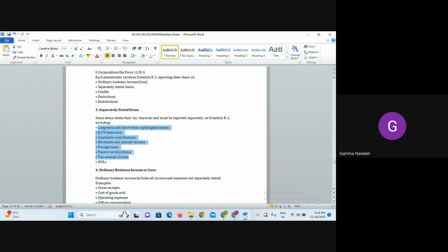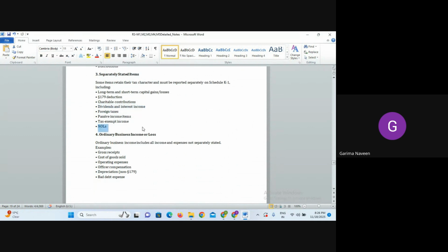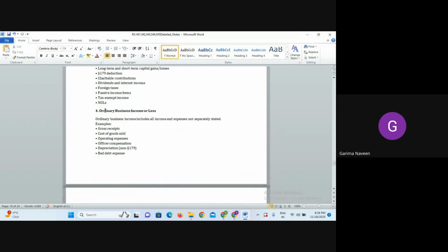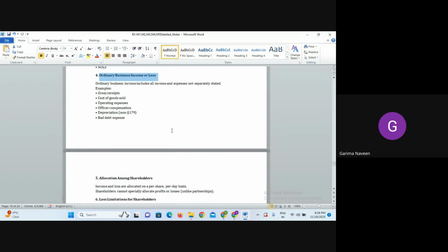Please remember you have certain limits on these items. That is why they are reported as separately stated items. Others include tax exempt income, passive income, foreign taxes, and dividend and interest income. Whereas your ordinary income or loss is from the operations of the S corporation.